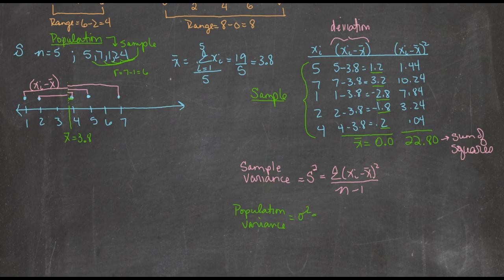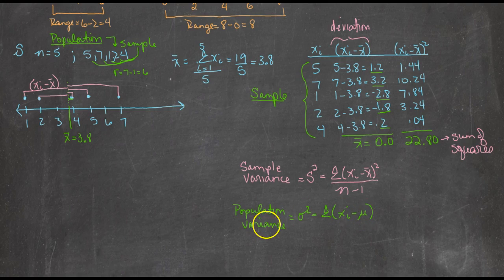And the formula is very similar. It's the sum of all of the elements in the population minus mu. And remember, in yesterday's video, I told you that mu is the symbol we use rather than X bar when we're talking about a population.